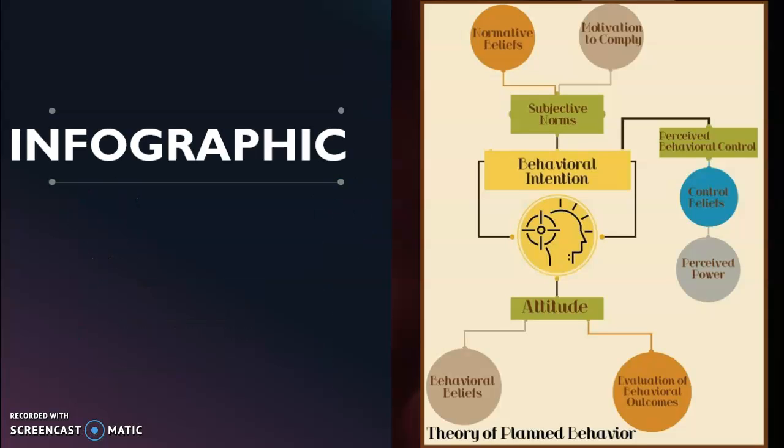I have designed an infographic that encompasses all the components that make up a person's behavioral intention. Here you can see that subjective norms, attitude, and perceived behavioral control are all connected directly to behavioral intention right here in the center. The secondary components, like normative beliefs and motivation to comply, are connected but not directly to behavioral intention.